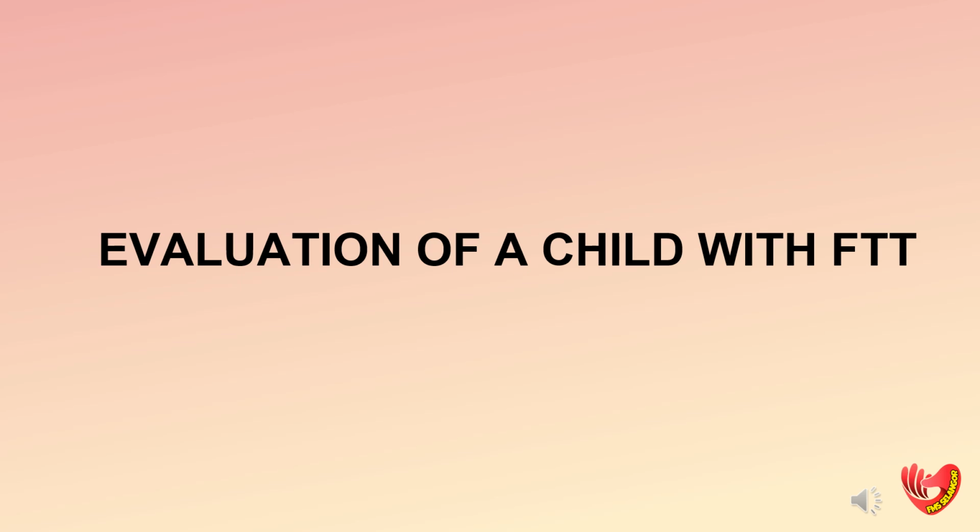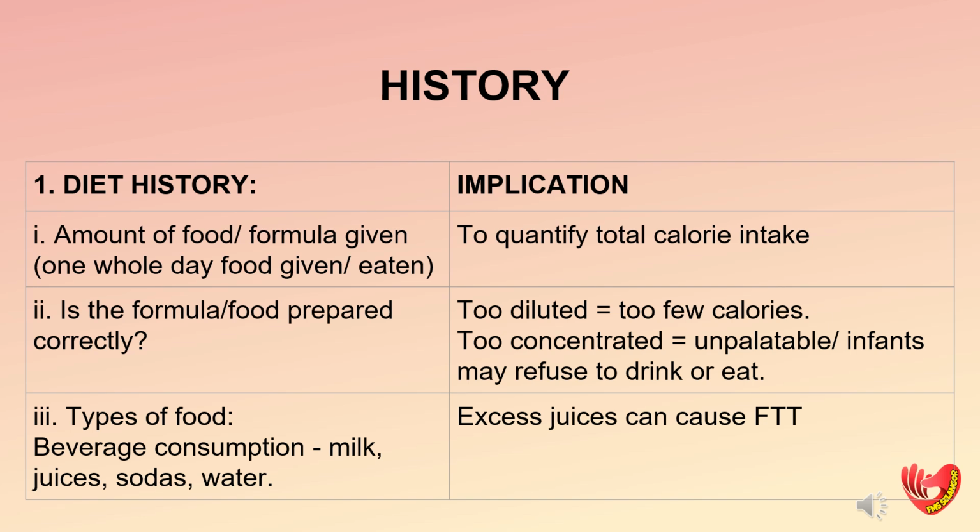Alright, everyone. Now, let us look at how to evaluate a child with failure to thrive. The cardinal evaluation that we must do is a proper history taking. Our history taking must start with a comprehensive diet history. Ask the parent the amount of food or formula given to the child the whole day.